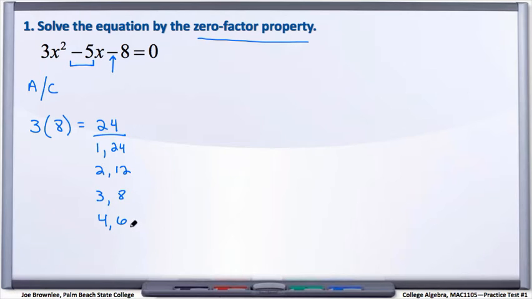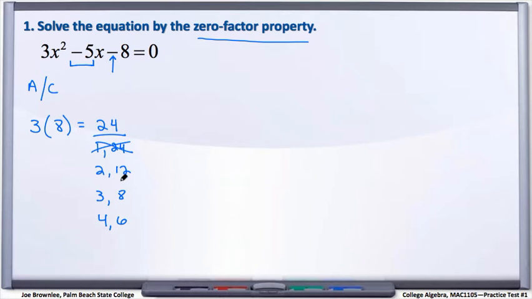Well, 1 minus 24 does not give us -5. And if we switched it around and did 24 minus 1, that's still not -5. So we can exclude the factors 1 and 24.